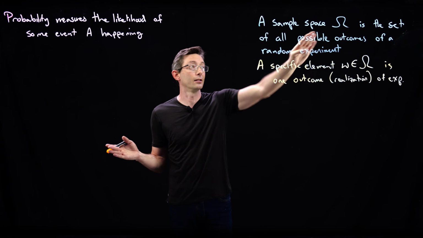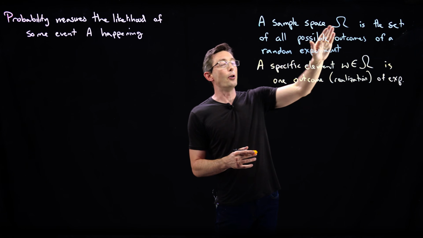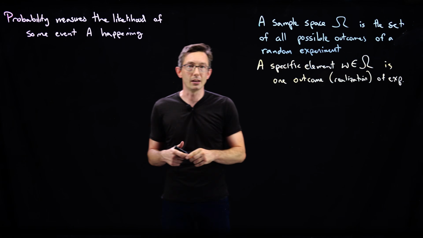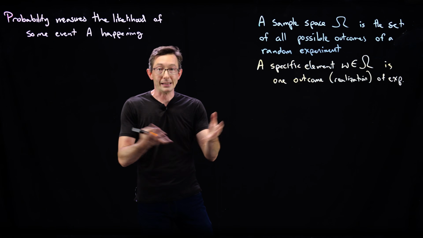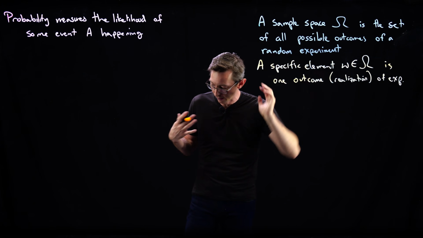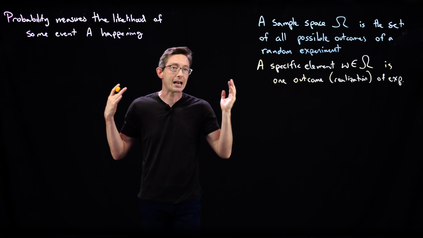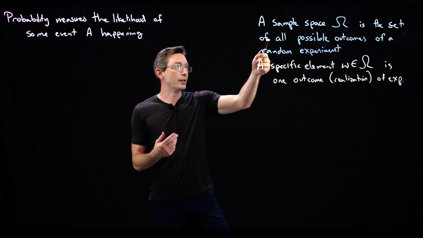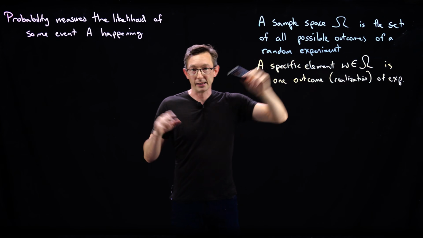Okay, that's a large number. Omega could be a distribution of heights sampled from 10 people. There's all kinds of things omega could be. It could be today's high temperature. It could be the number of hands of poker, things like that.